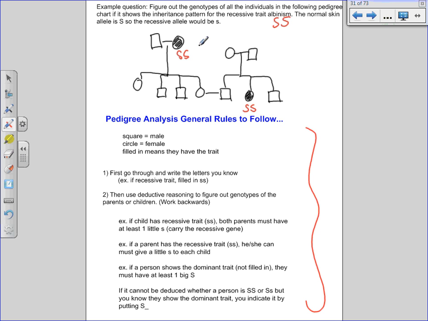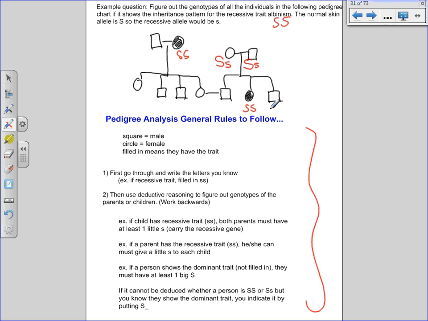Then I'm going to figure out the rest by deducing. Okay, so I know that because this child has to have two little s's in order to have the disease, each of this girl's parents must have had a little s. But since they're not filled in, they must also have a big S, because they're showing the dominant trait. So they would have to be big S, little s, in order to give the daughter two little s's.